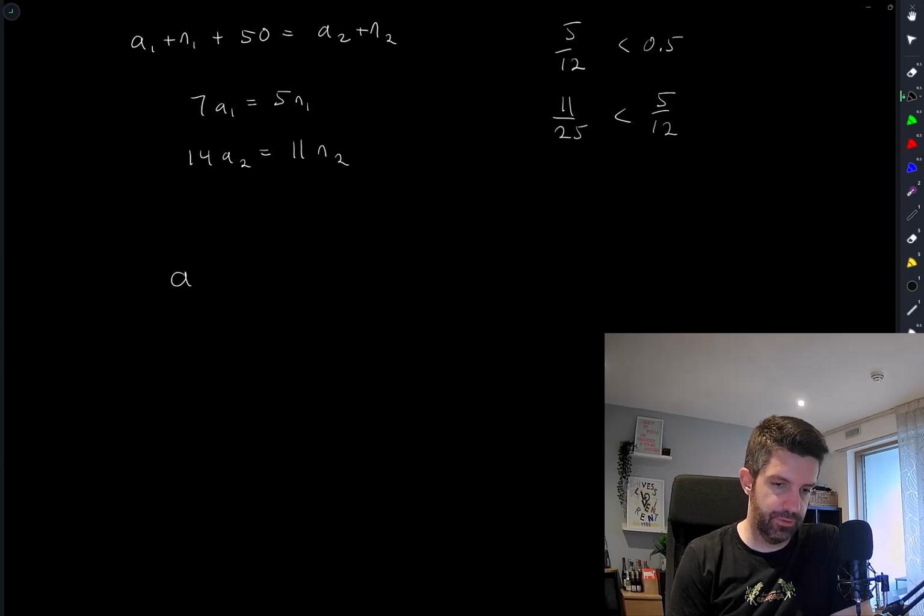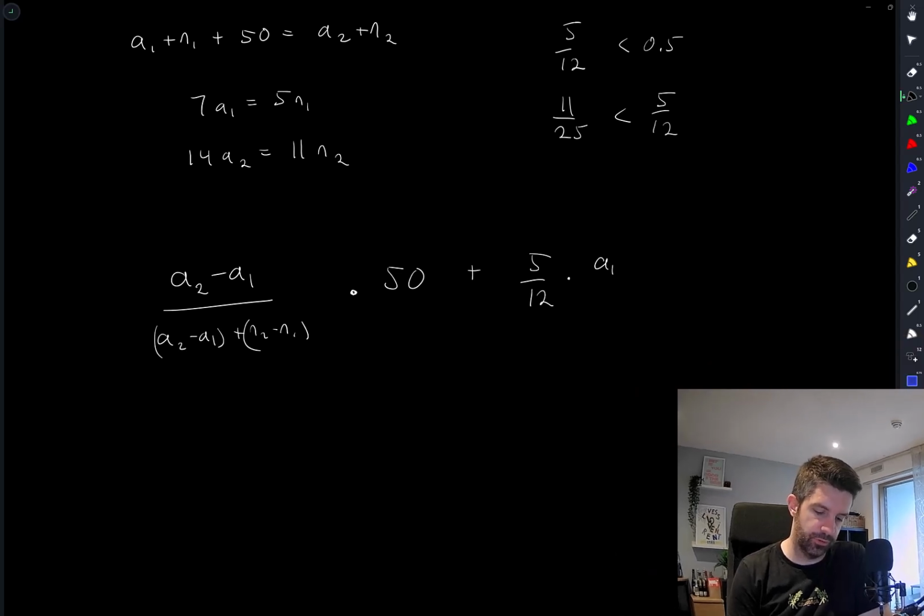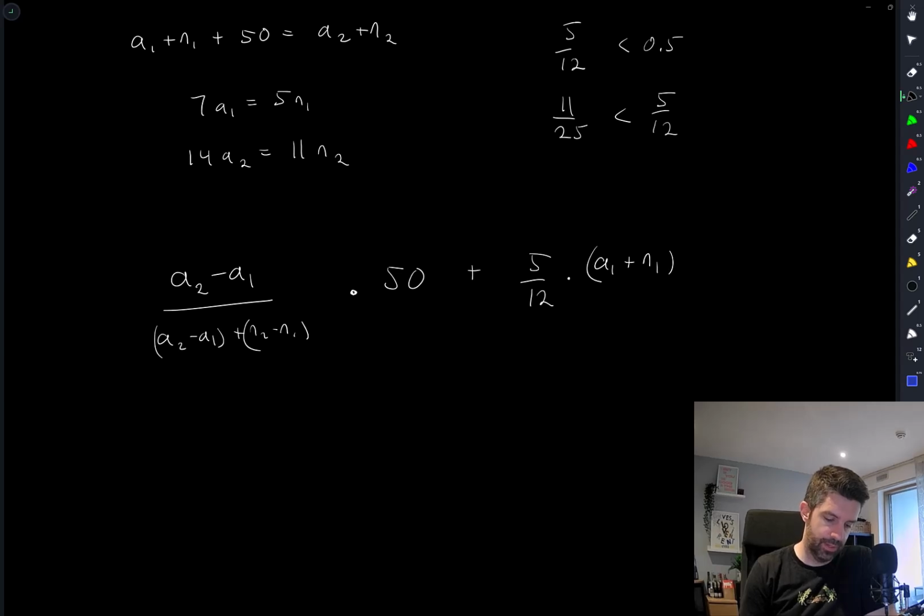So if I say something like the number of adults on the bus is A2 minus A1. That's the proportion of adults on the bus. And if I multiply that by 50 and add 5 over 12 times the number of people there before, which is A1 plus N1, and divide by 50 plus A1 plus N1, this has to equal 11 over 25.